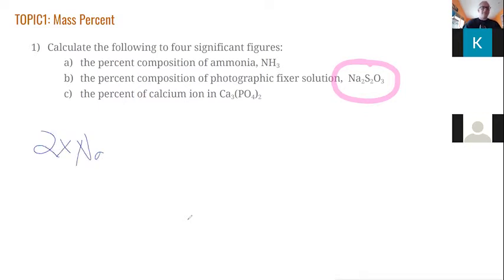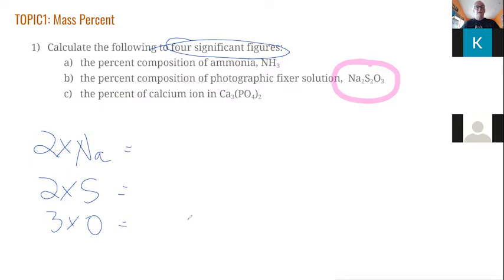Right, so we've got 2 atoms of sodium, 2 atoms of sulfur, and 3 atoms of oxygen. So notice that the question asks us to calculate the following to 4 significant digits. So that means we can't just use 23 for sodium and 32 for sulfur and 16 for oxygen.